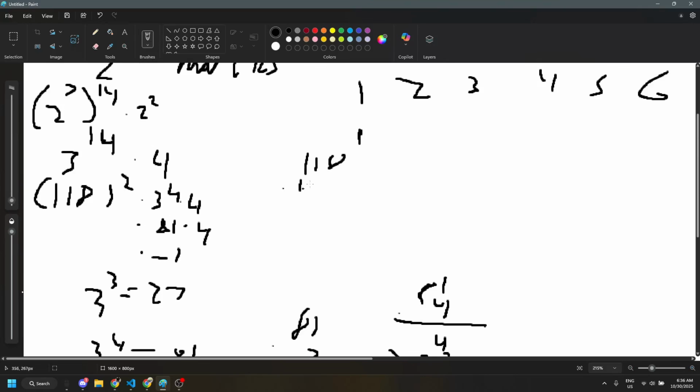So now we just need 118 squared, which is the same thing as taking out 2 from 118, you get 2 and 59. So right now we have negative 1 times 118 times 2 times 59.